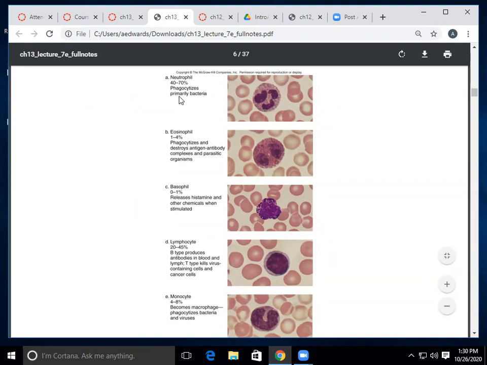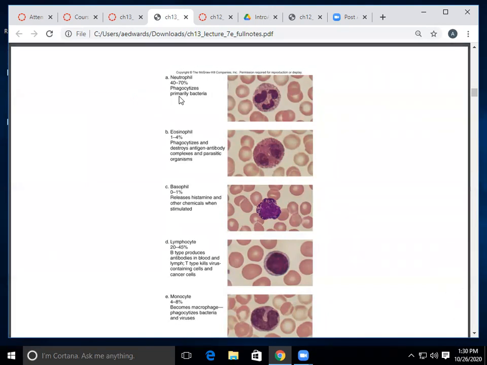They are phagocytes, so they eat things and destroy bacteria. Your eosinophils, about 1 to 4%, are also phagocytes, and they destroy what we call antigen-antibody complexes, the foreign invader and an antibody that your body makes, as well as parasitic organisms, simply parasites.